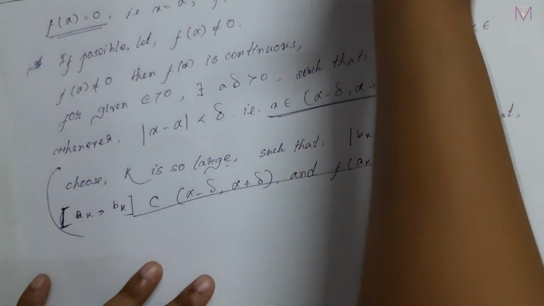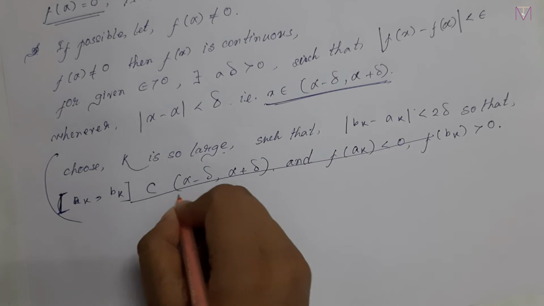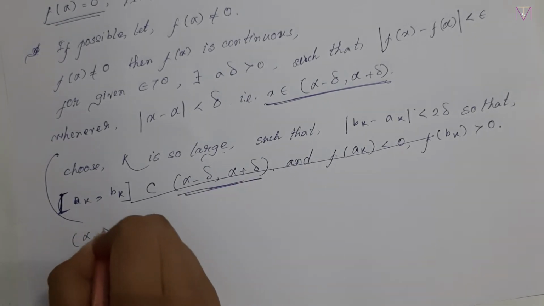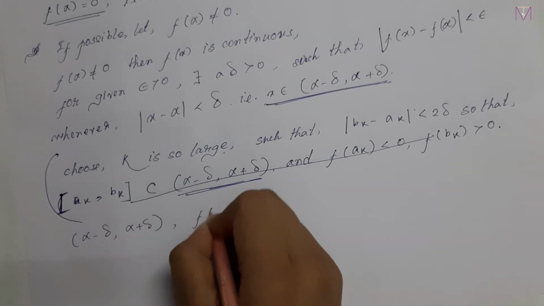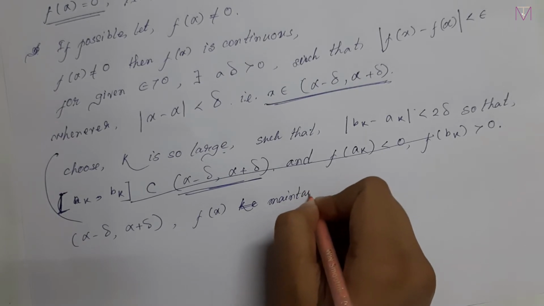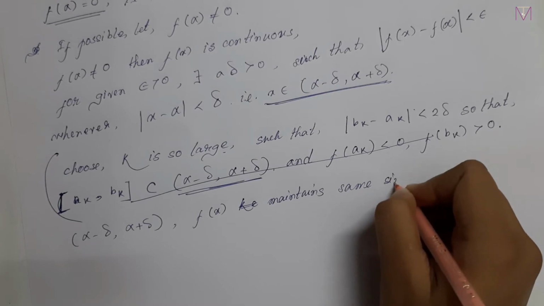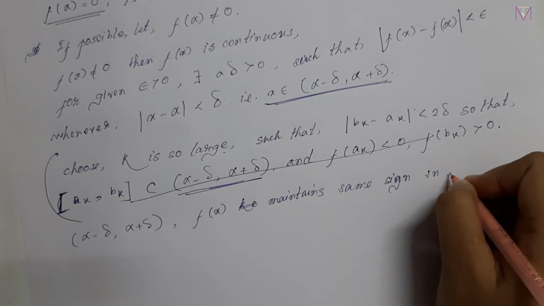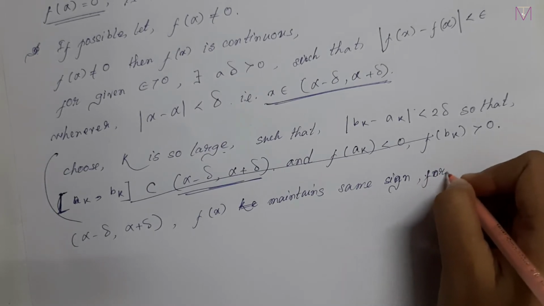So here we can say that in this interval alpha minus delta, alpha plus delta, f of x maintains the same sign for some delta.